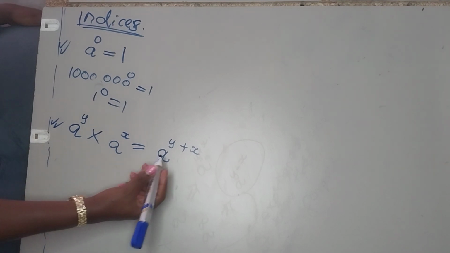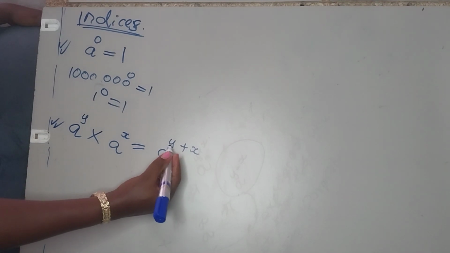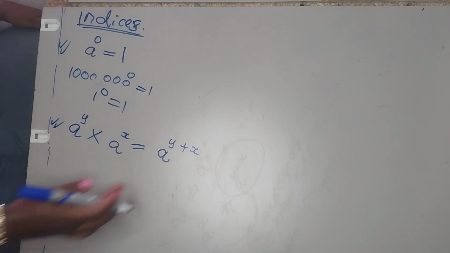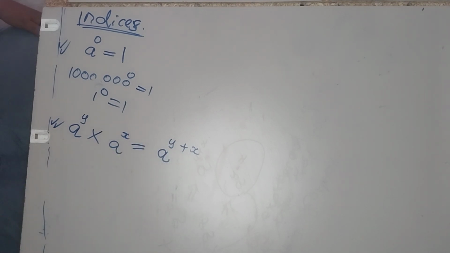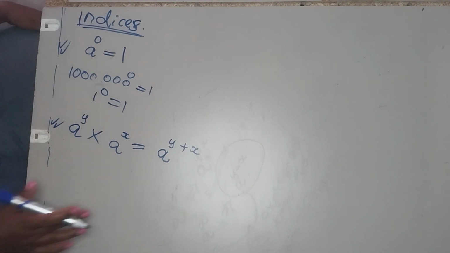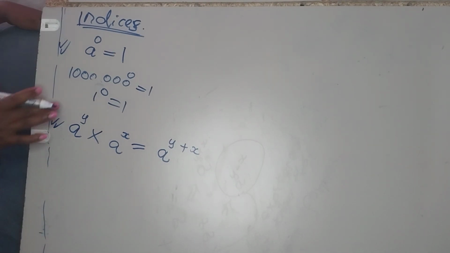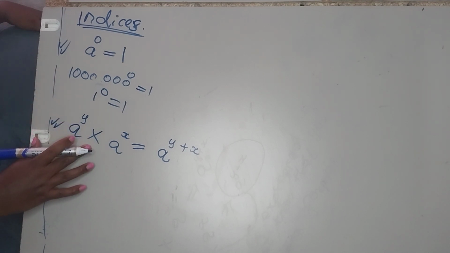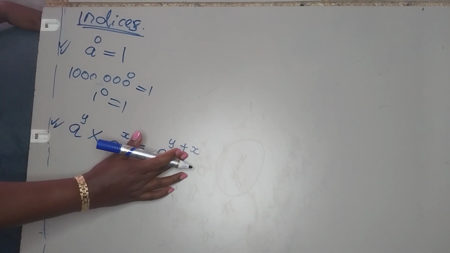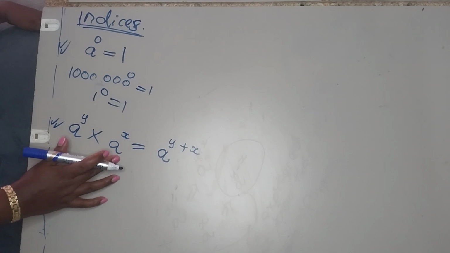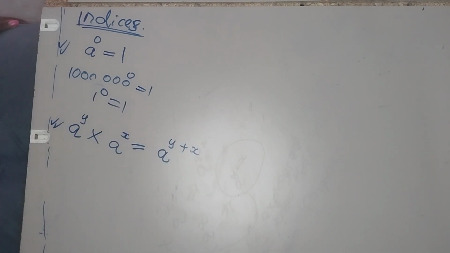When you have a question that has a number raised to two different powers which are separated by an addition, it simply means that it was extracted from the same number raised to the first power, multiplied, representing the addition on the power, by the same number raised to the second power. We'll see some examples that use this trick.